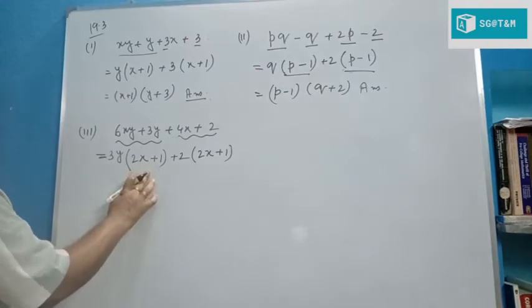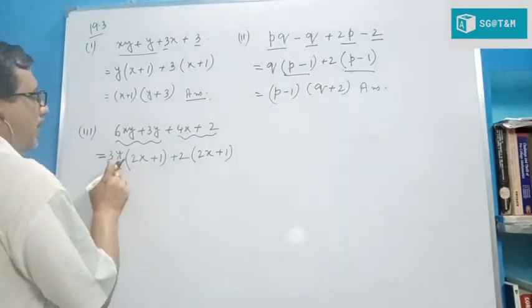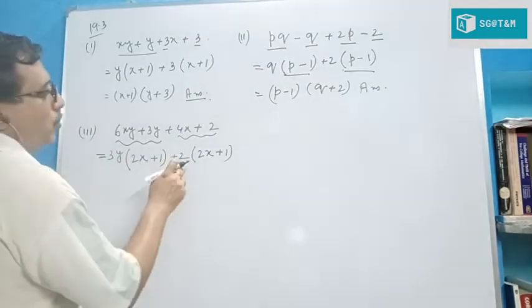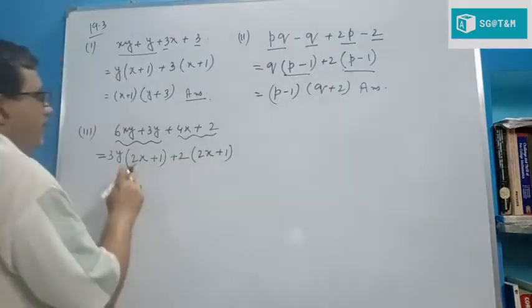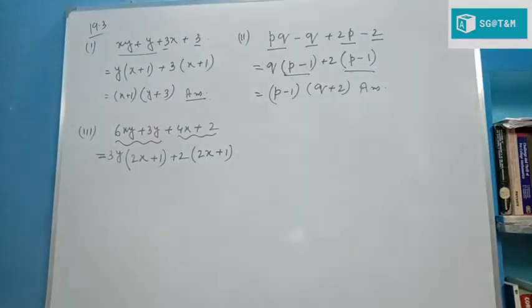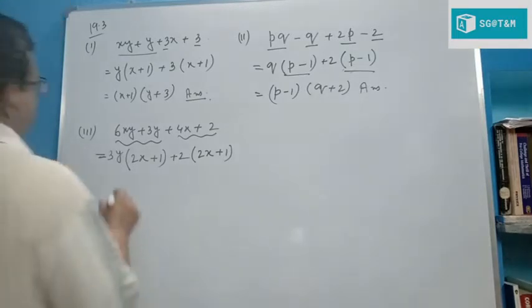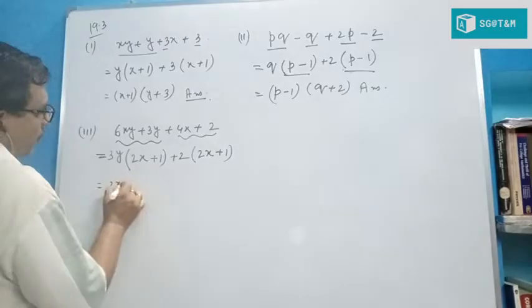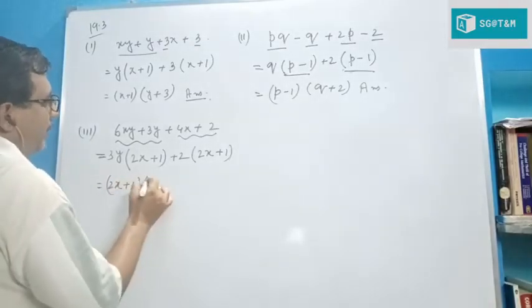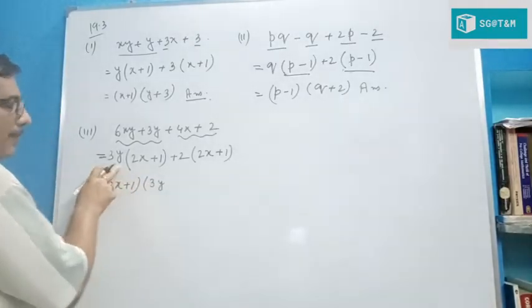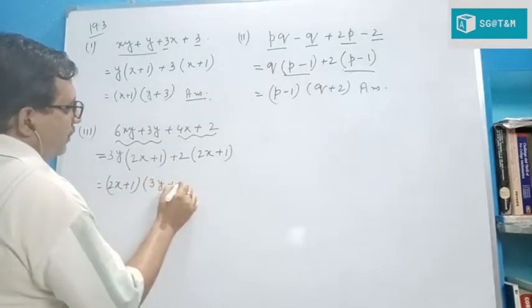It is 2x plus 1 and it is written in product form. 3y into 2x plus 1, 2 into 2x plus 1. So if we take common 2x plus 1, then no problem at all. Then the remaining is 3y from the first term and 2 from the second term.